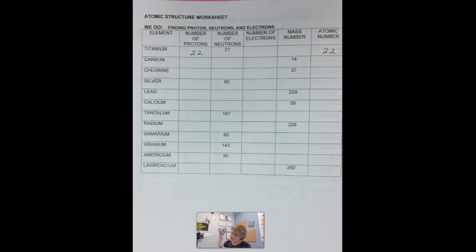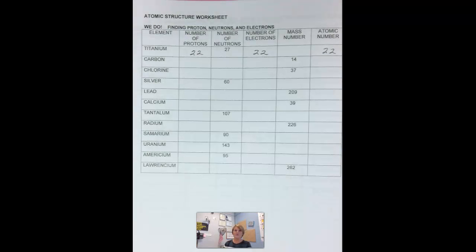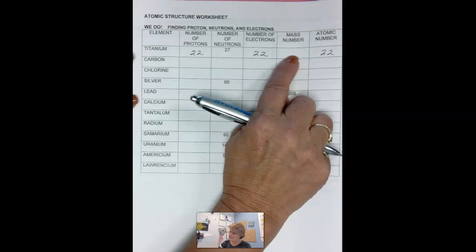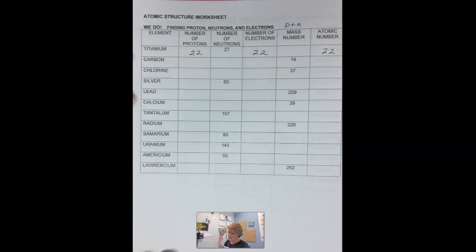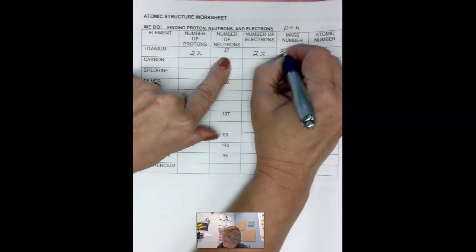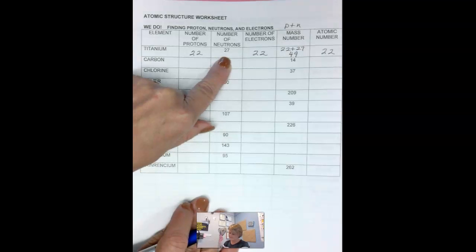Also, the protons and electrons are the same number. So if we're doing atomic number, protons and electrons, you should always have three numbers that are the same. Now, remember your mass number. Here's the one that becomes a little bit of math calculation. Your mass number, again, is your protons plus your neutrons. Okay, so in this case, 22 plus 27, so 49.